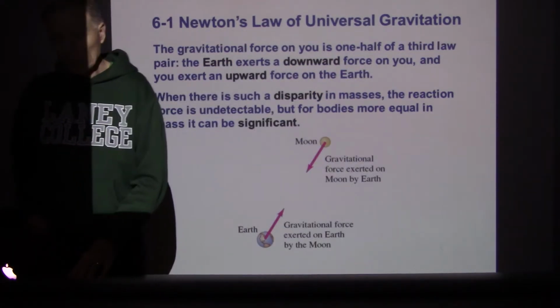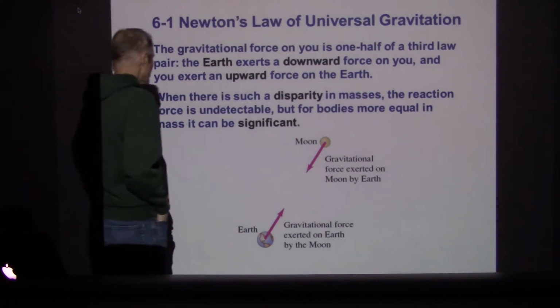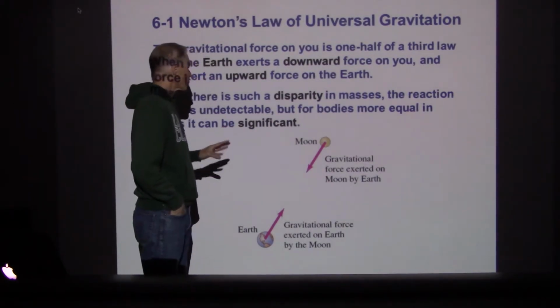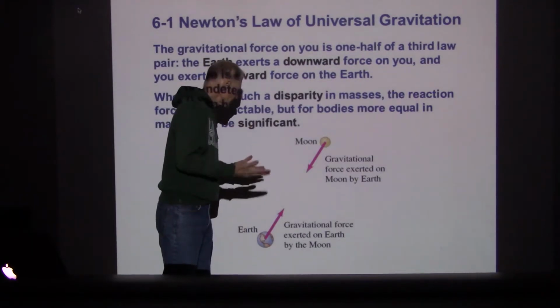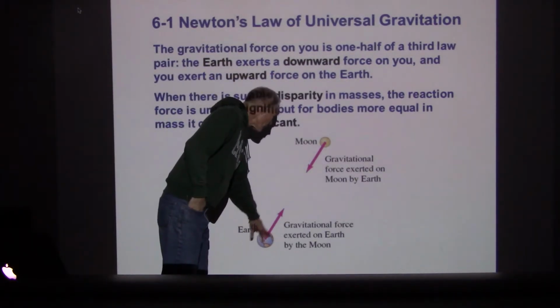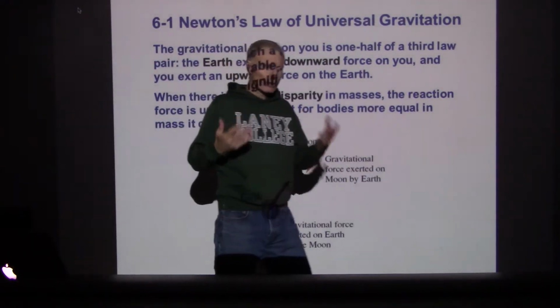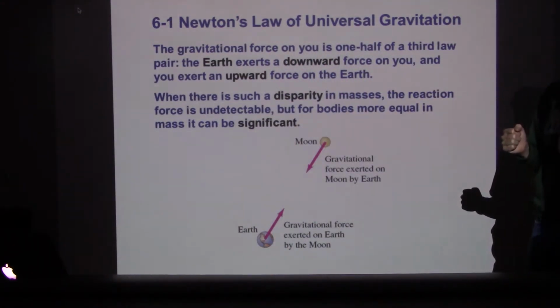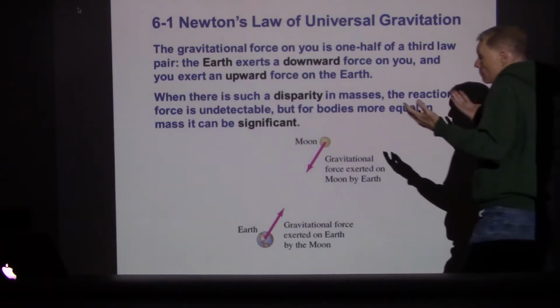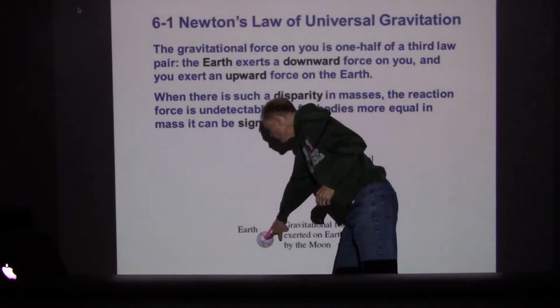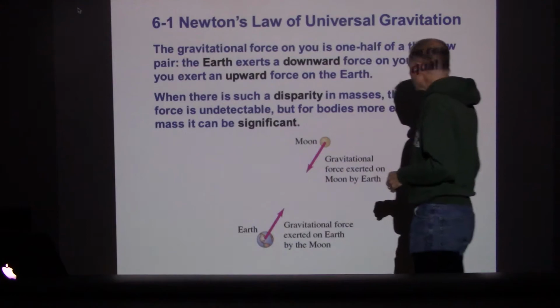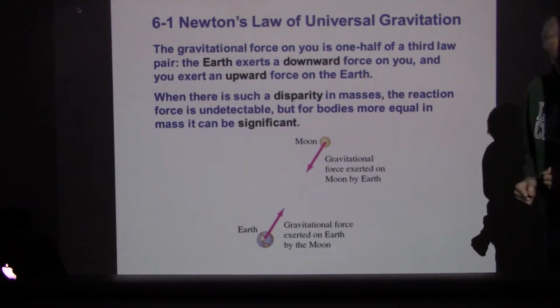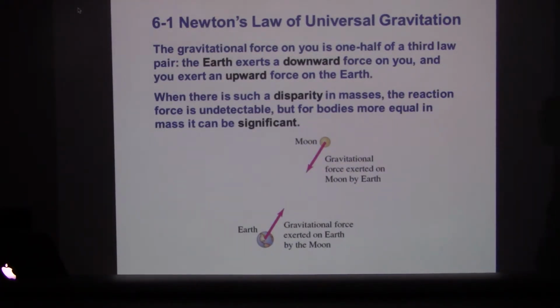And so what Newton realized is, let's say there's a gravitational force attracting the Earth and the Moon, and that this is one of those force pairs where Earth is pulling on the Moon with a certain gravitational force, and the Moon is pulling on the Earth with a certain gravitational force, and those forces are equal in magnitude and exactly opposite in direction.